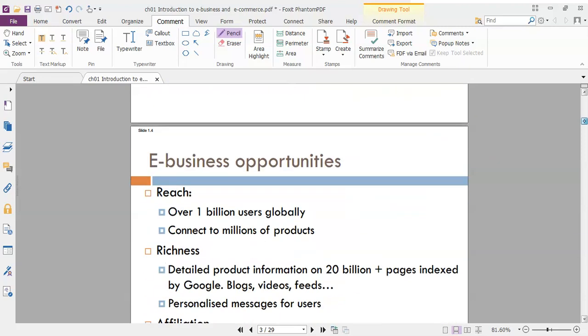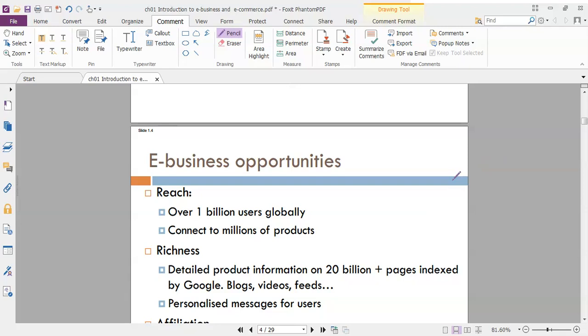But there are also some opportunities for the business itself. The first one is reach. If we open our business to electronic business, for example, we put our business online, we digitalize our business.